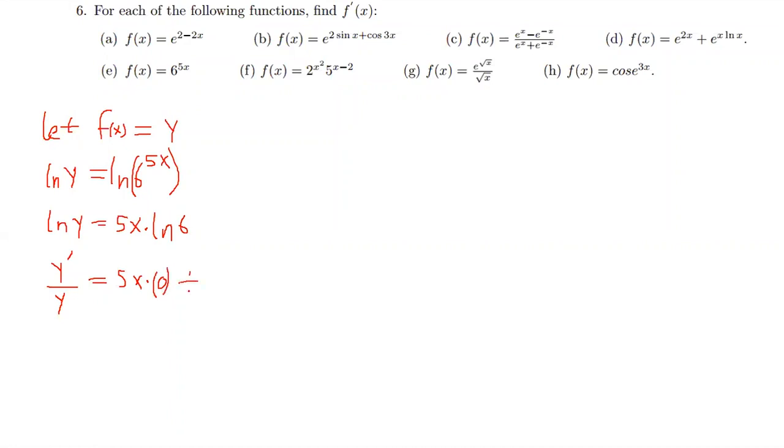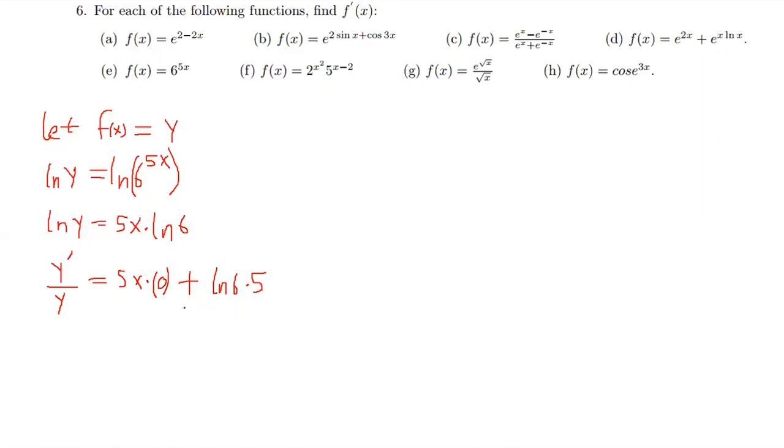And then you say plus, you reserve ln 6, then multiplied by the derivative of 5x there. Sorry, you just get 5. The derivative of 5x will just give you 5.